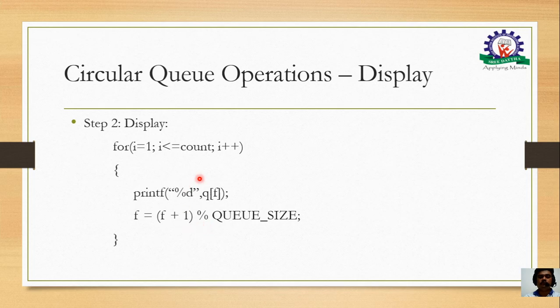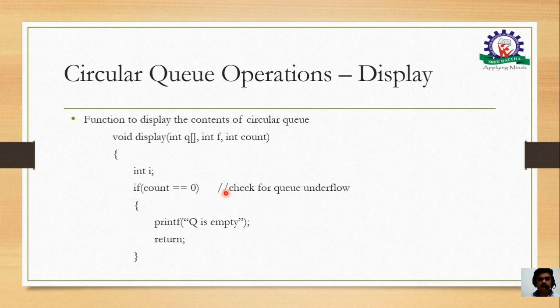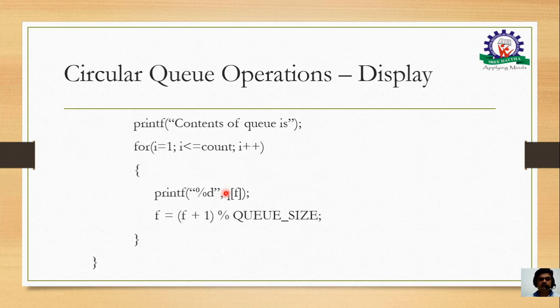So f plus 1 means 2, then it will display the second index value, then again f plus 1 goes to 3, and it displays the third index value. Like this it will repeat. So here is the function for displaying the content. First I will check for queue underflow, and if that does not hold, then I will print the content of the queue.